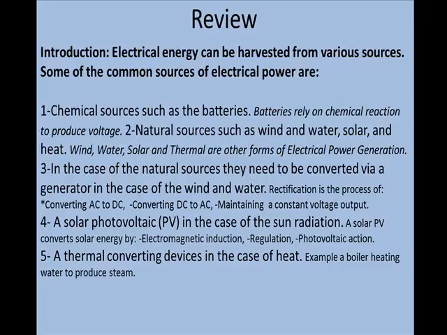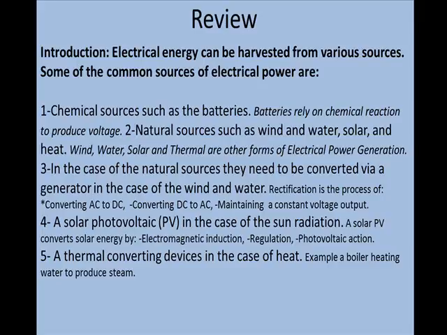In the case of wind and water, the wind and the water has to be harvested via a generator. And in that process, we could have a converting system to take that AC and put it into DC, or vice versa, a converting system that will take the DC and make it AC, with the idea of maintaining a constant voltage to provide whatever it is that we need to provide.